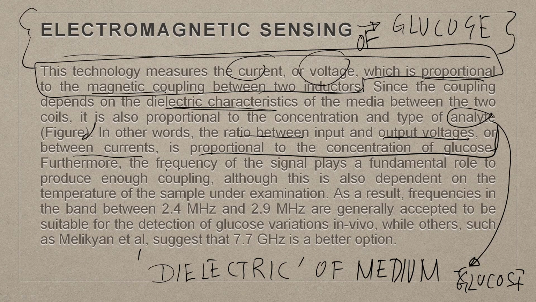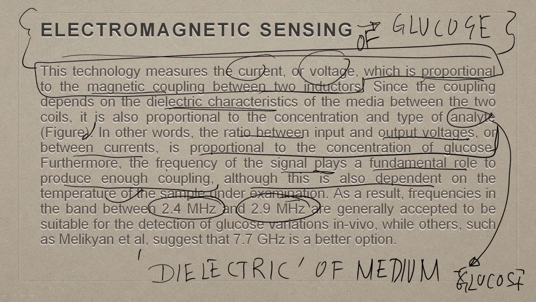Furthermore, the frequency of the signal plays a fundamental role in producing enough coupling, although this is also dependent on the temperature of the sample under examination. As a result, frequencies in the band of 2.4 megahertz to 2.9 megahertz are generally accepted to be suitable for detection of glucose.